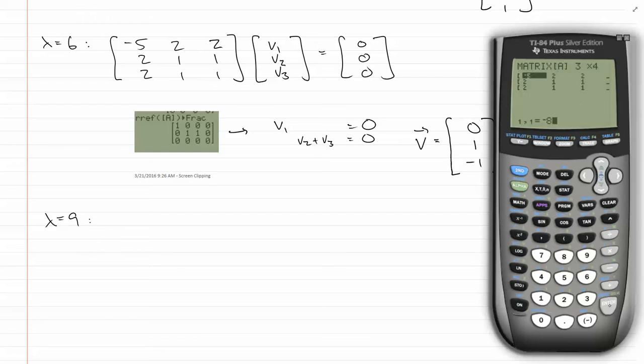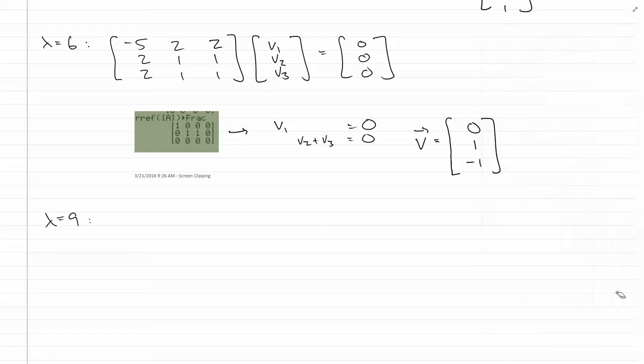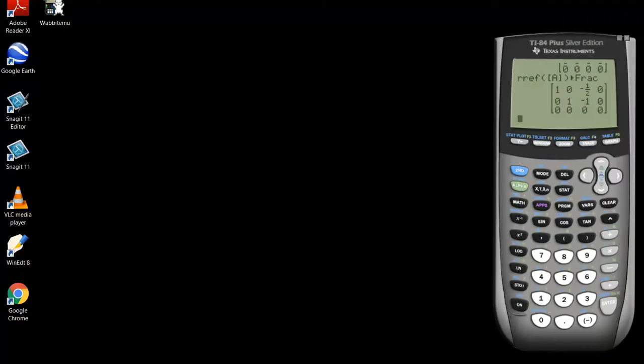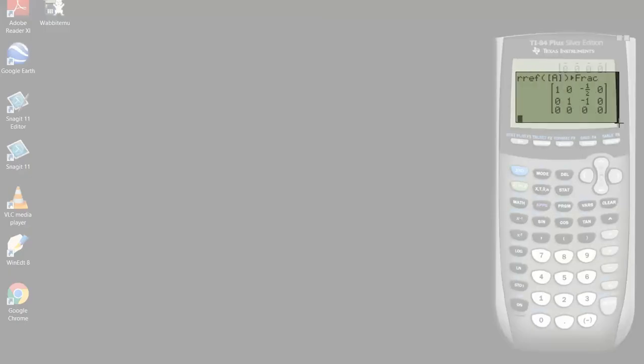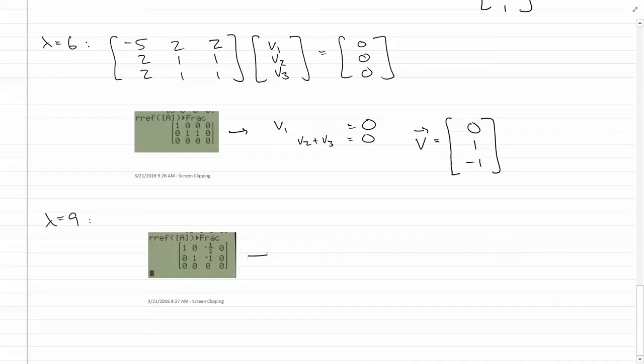And yeah, the diagonal entries are now -8, -2, and -2. And now I RREF that matrix, and I get this. Which tells me that V1 minus half of V3 equals 0, and V2 minus V3 equals 0.